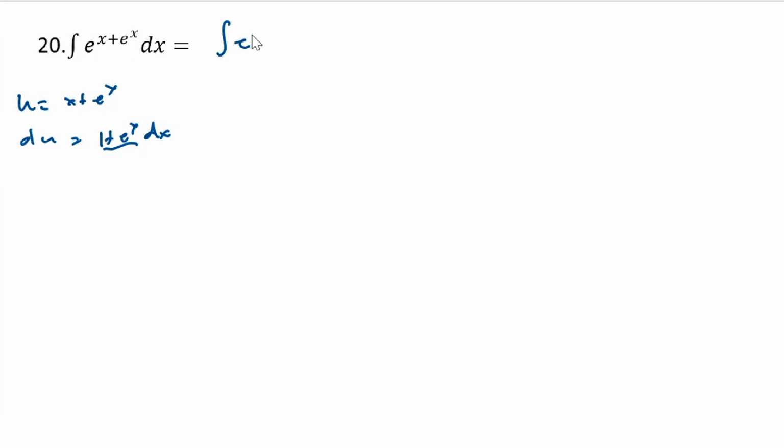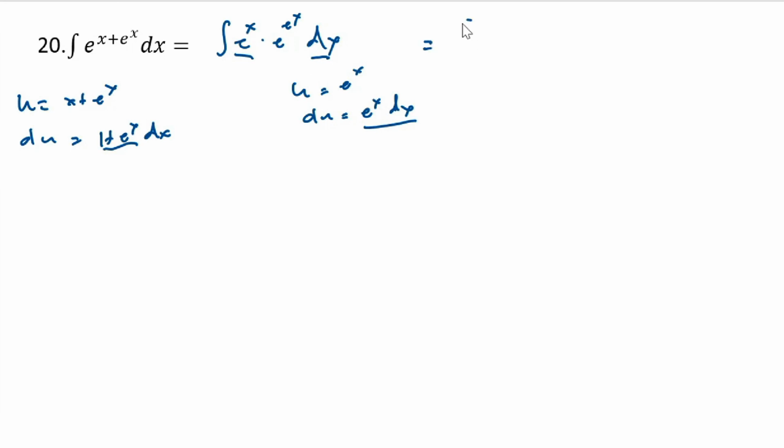We can rewrite that one now as e raised to x times e raised to x. So from here, we are going to let now u is equal to e raised to x and du is equal to e raised to x dx. Now, our du of e raised to x dx is visible now in our given.